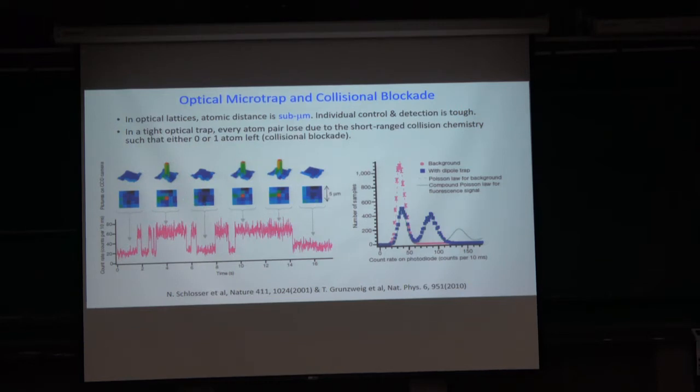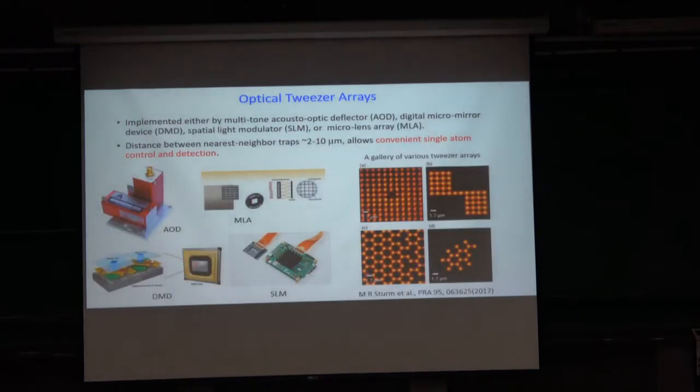Here is the fluorescence. And this kind of a tight trap, the trap volume is very small and the atom density is very high. And if you have maybe 3 atoms inside, 2 of them will collide and cause some collision loss due to short-range chemistry. So eventually, what is left is only either 1 atom or 0 atom. This is called a collisional blockade. And so people try to use some optical technique using either multi-tone AOM, acousto-optic modulator, or digital micromirror, like this laser pointer.